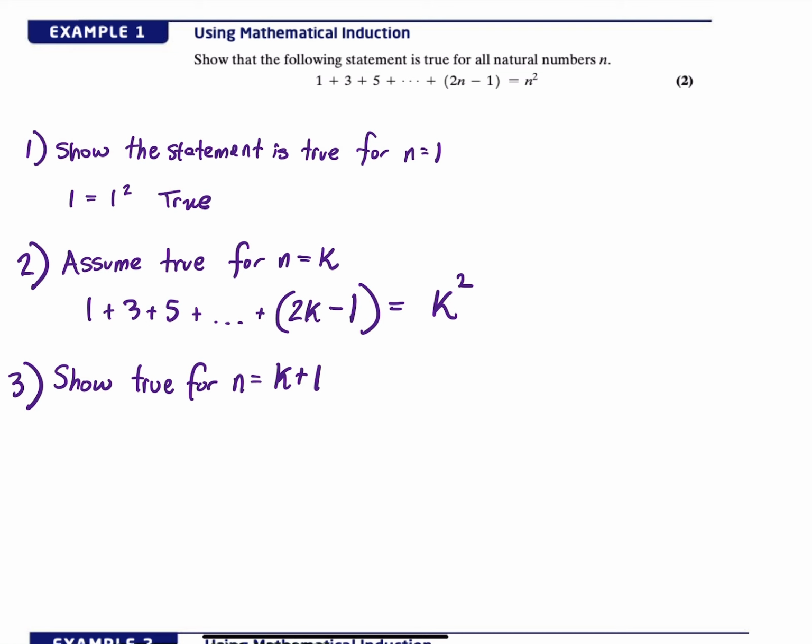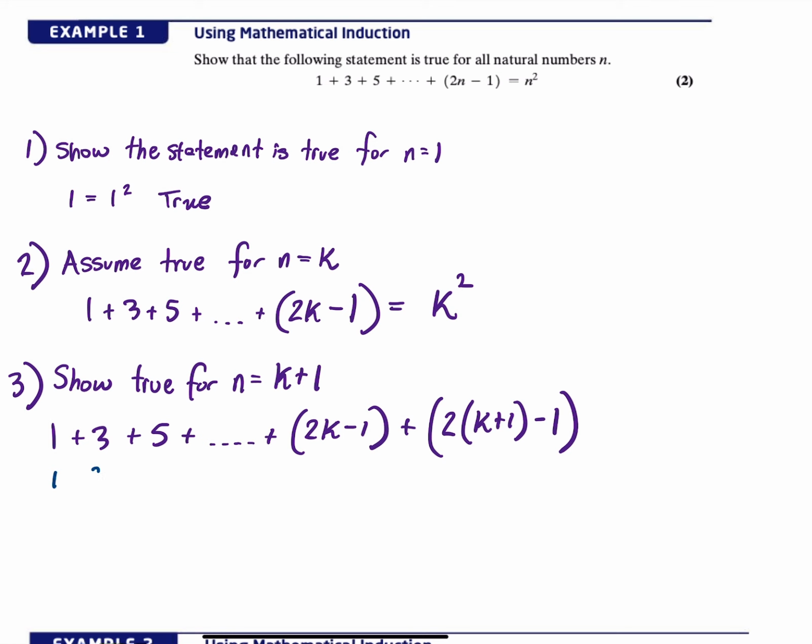So what we'll do is expand the pattern on the left until we get to k plus 1. So we would have 1 plus 3 plus 5. We're going to pass the k term, which is 2k minus 1. And then the last term where we will stop is when we're at 2 times k plus 1 minus 1.